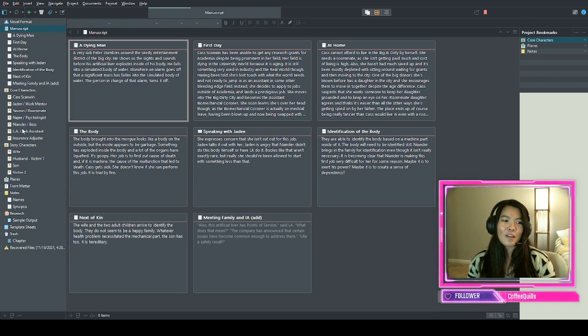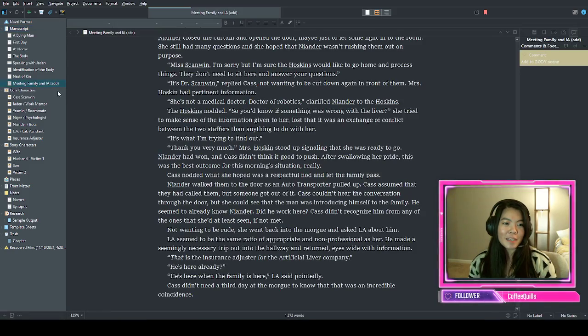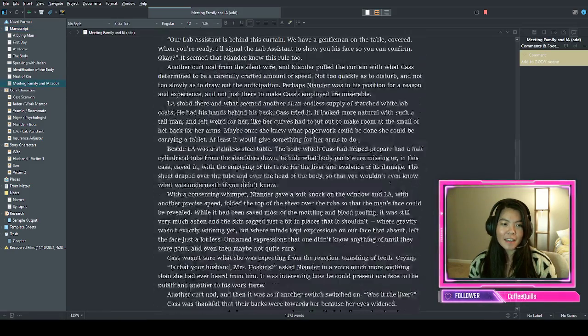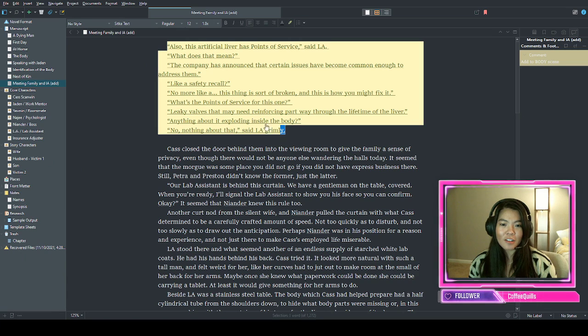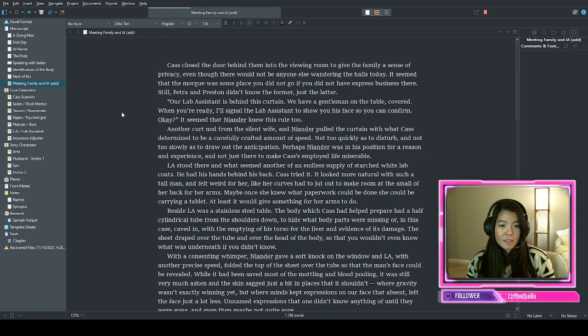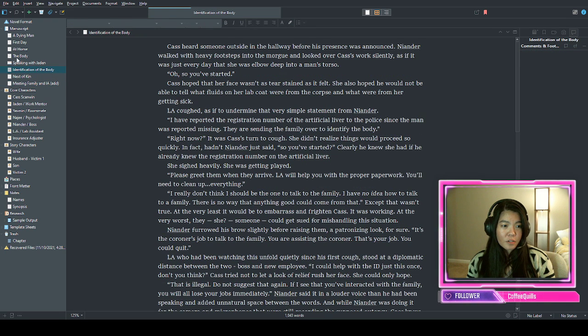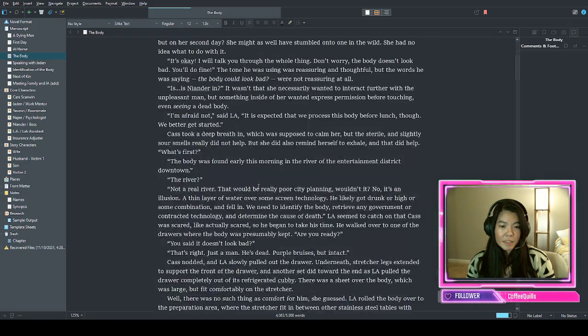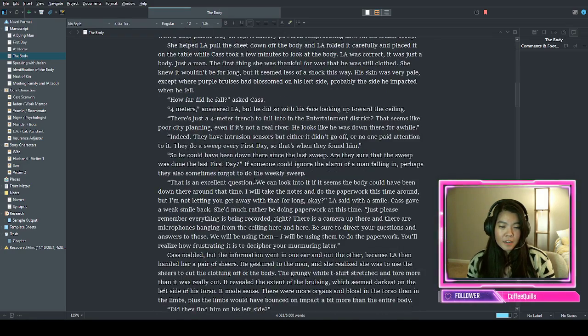Okay. So here's meeting with the family and the insurance adjuster. All of this needs to be moved. So this is going to go under maybe the body, I believe. And I'll get to writing soon.